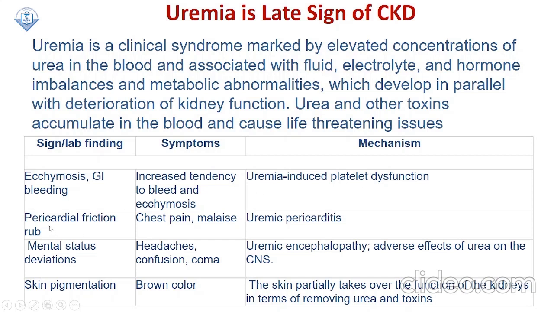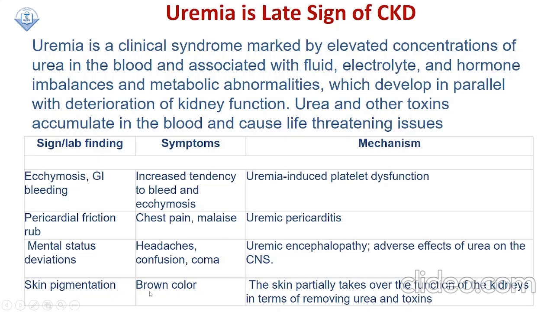We can detect pericardial friction rub. It's due to uremic pericarditis, which manifests as chest pain and malaise. Mental status deviations develop: headache, confusion, coma in the late stage. It's uremic encephalopathy. It's the adverse effect of high urea concentration on the brain, on the central nervous system. And skin pigmentation also changes.